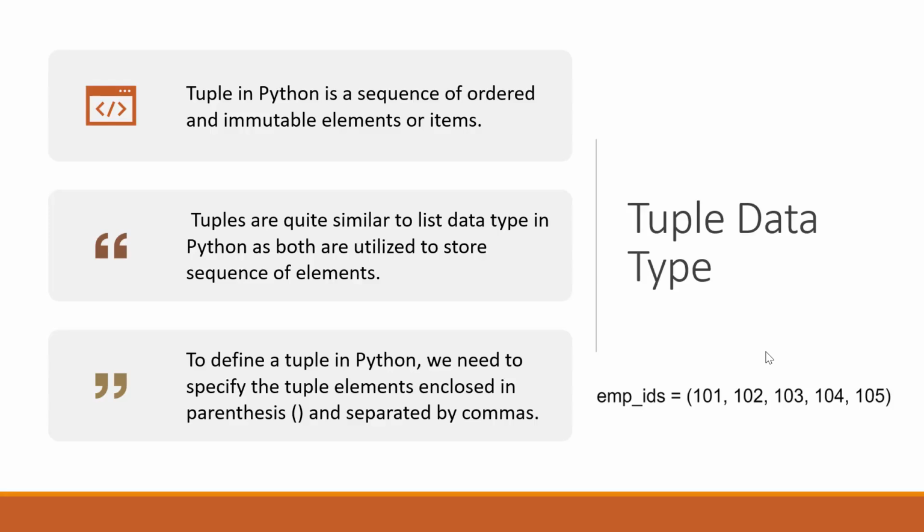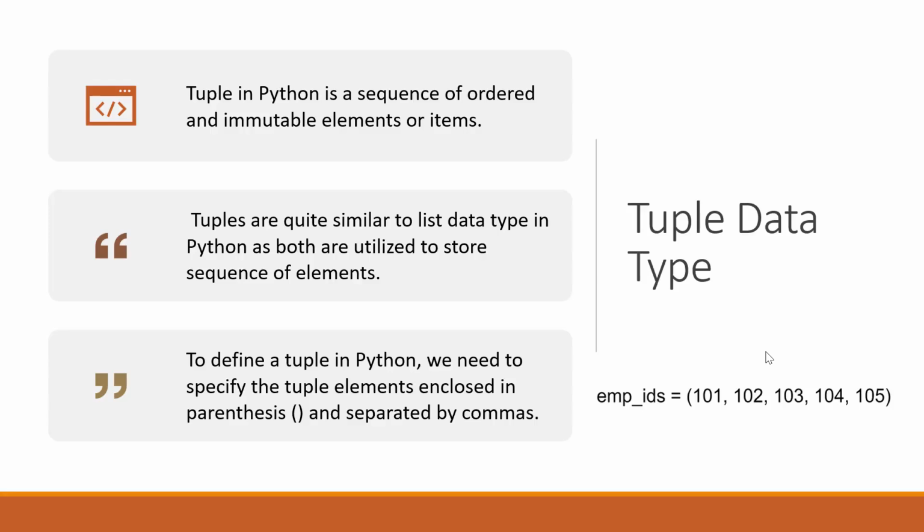Moreover, both data types can store any type of data in them, but there is a slight difference between tuple and list. Tuples in Python are immutable, which means we cannot modify the elements of the tuple once it has been specified, while a list on the other side is mutable, which means we can modify the elements of the list. And we have also seen how we can do that in our previous tutorial sessions.